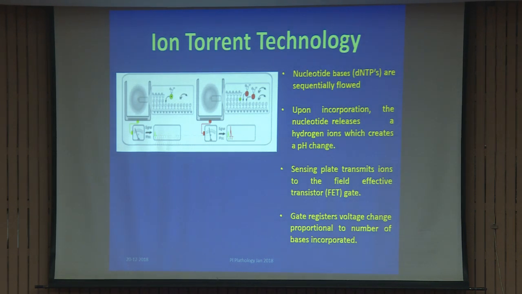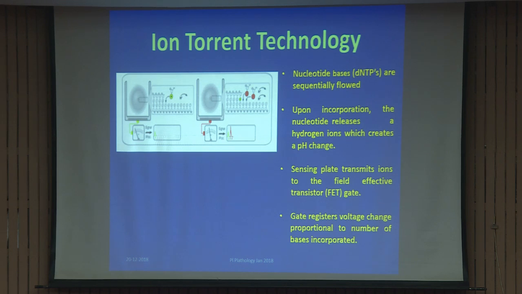You add one base, suppose I add A. Wherever A is incorporated during sequencing, it would see a change in the pH, because your hydrogen ion is released. So, that means one base has been added. So, no radioactivity, no fluorescence, no pyrosequencing. So, very cheap platform, very simple to operate, and very robust as long as it lasted.